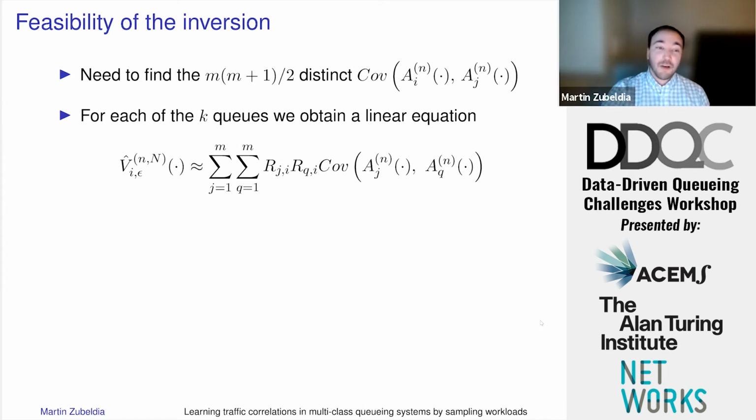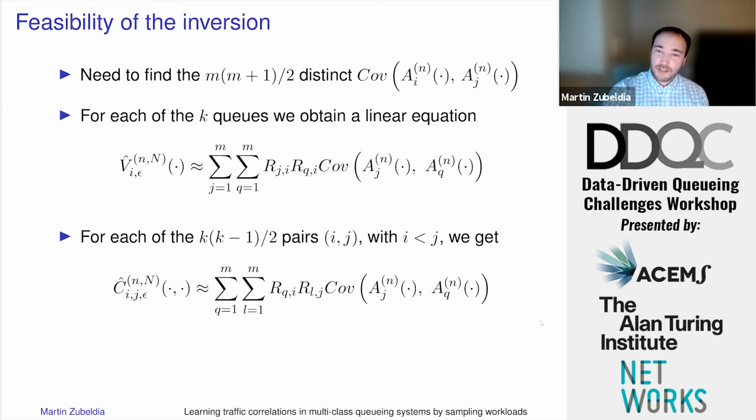And now from using the second procedure, essentially for all possible pairs of Qs, which are k times (k minus 1) over 2, we get another linear equation for each pair.